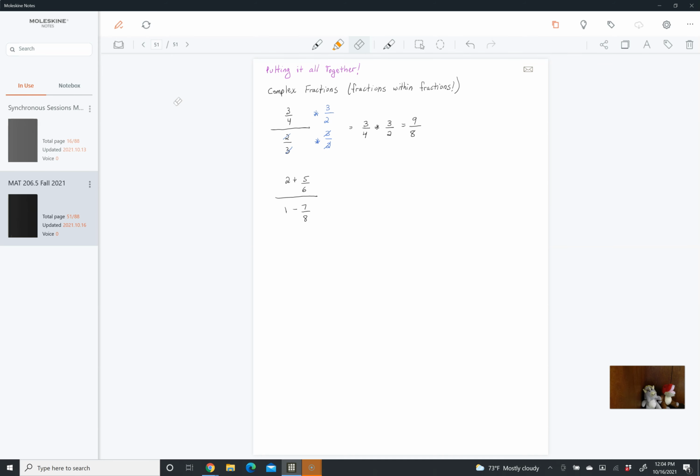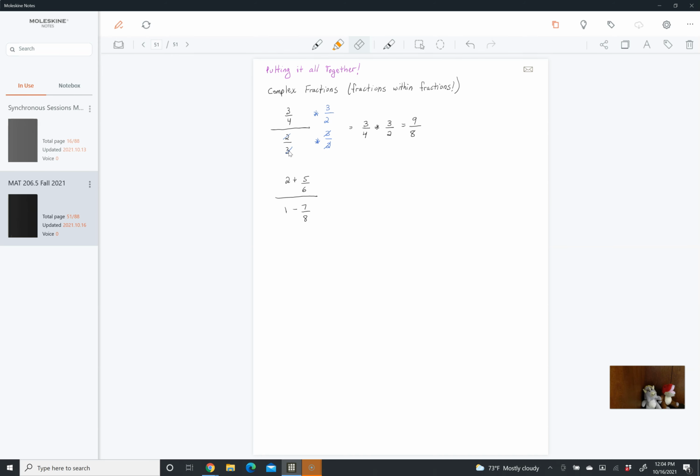So here, we're going to use addition to combine the fractions on top. We're going to use subtraction to combine the fractions on bottom. Then we're going to be dividing one fraction over another fraction, which leads to multiplication. So in other words, our goal is to get it to look like this, where we have one fraction divided by another fraction. One fraction in the numerator, one fraction in the denominator.